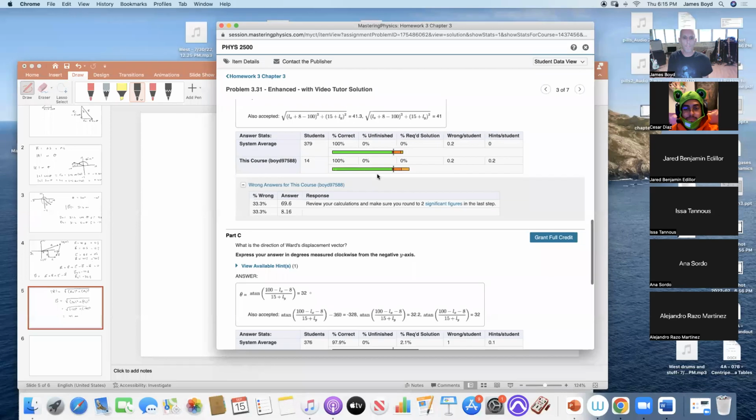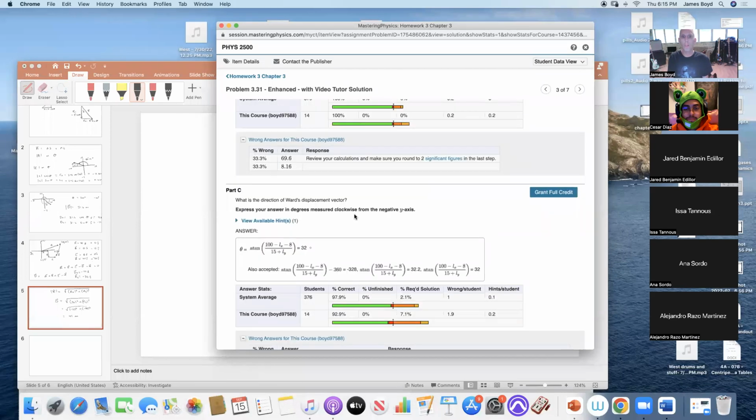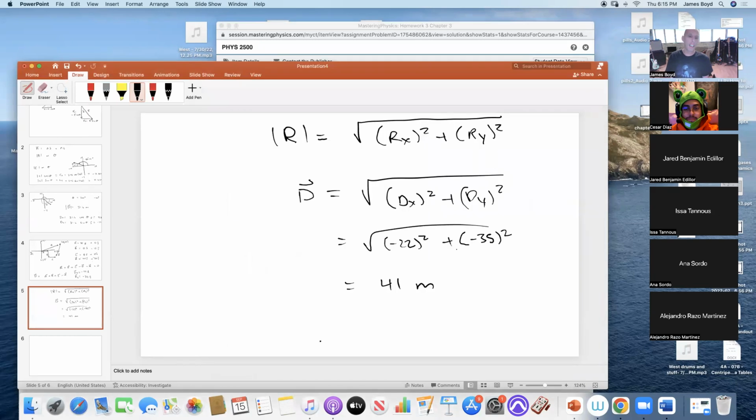Then we want to find the angle measured from the negative y-axis. I think it's actually easier to find it from the negative x-axis, and then we'll figure it out from there. We know that his vector looks something like this.